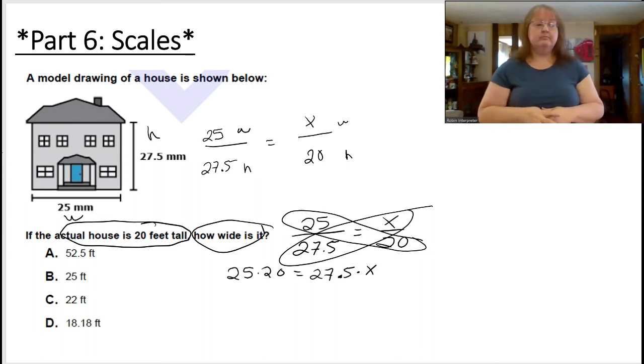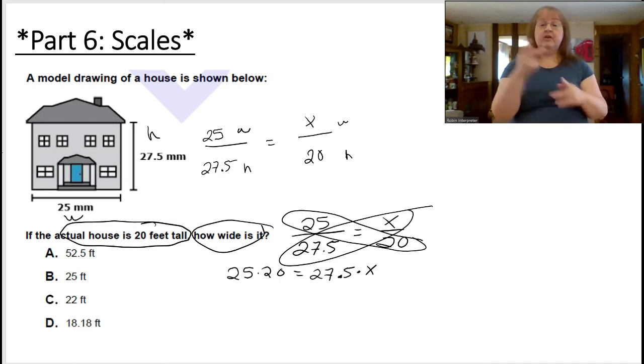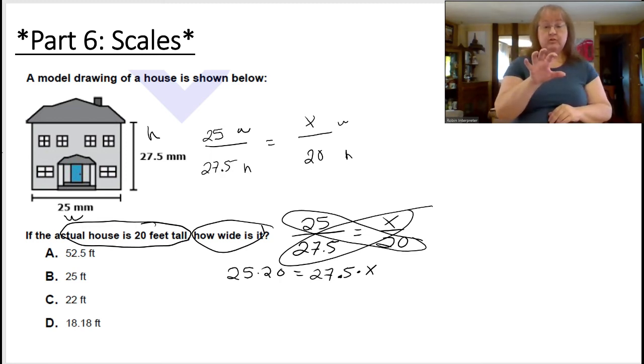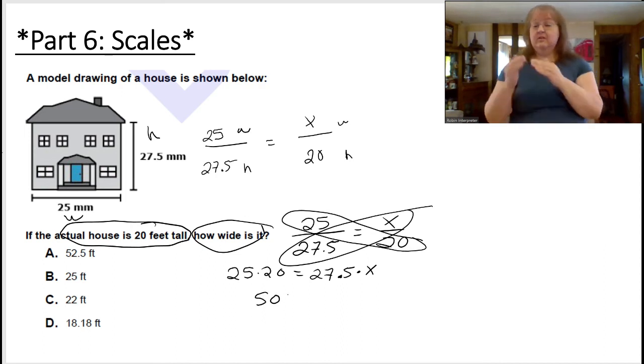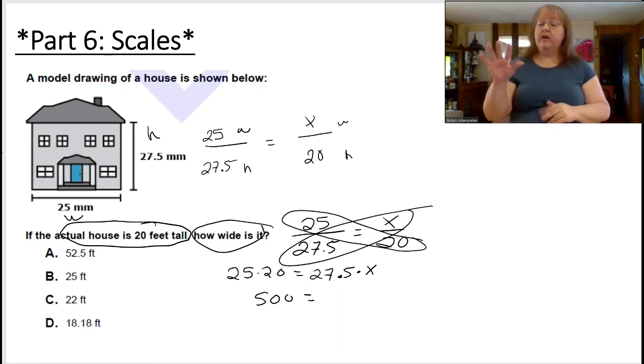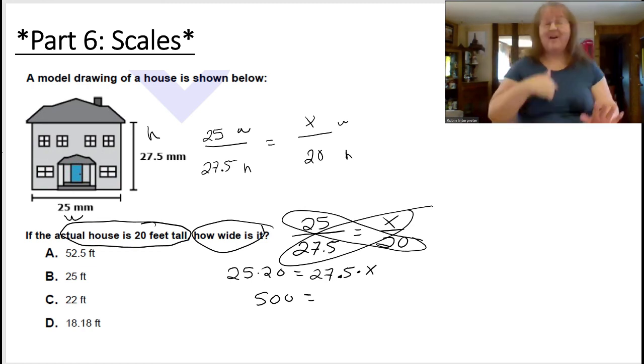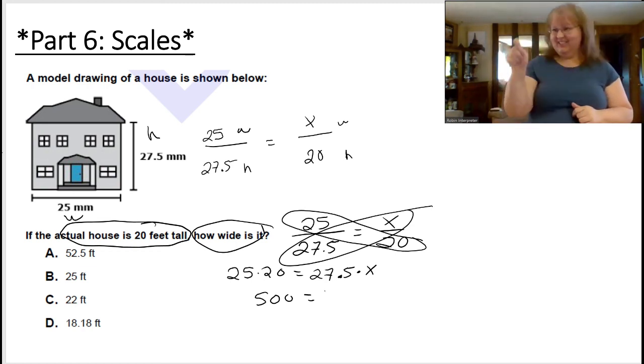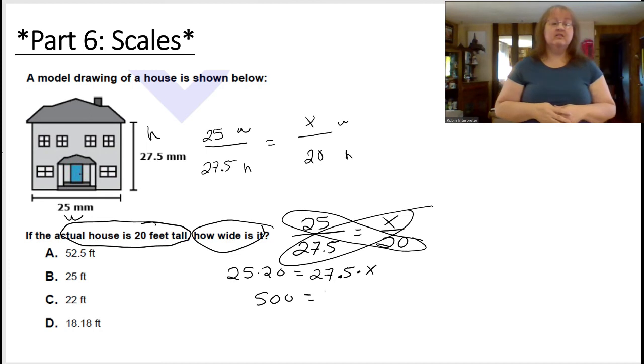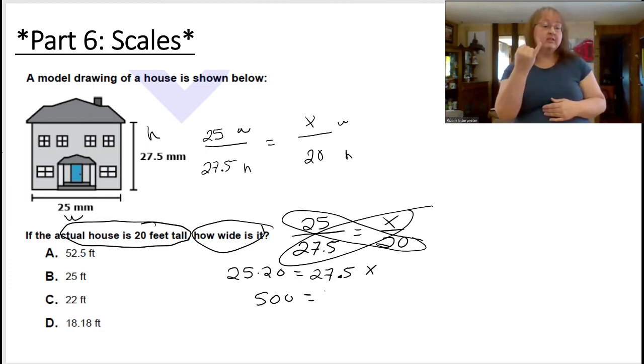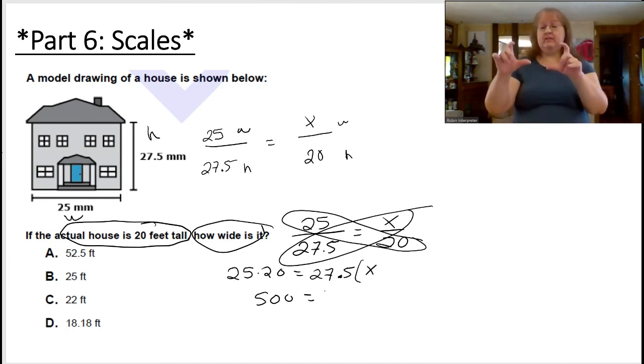Remember, this is a decimal, it's at the bottom. Multiplication's in the middle. So 25 times 20 is 500 equals 27.5 times x. Sorry, why am I saying times 5? I'm getting confused in my dots. So if it's like that, you might want to use parentheses to show that it's multiplication.